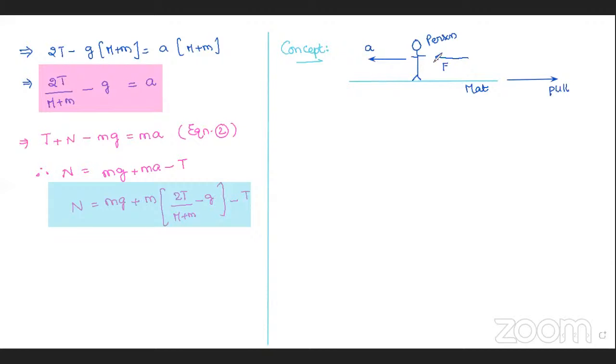Without applying the force, how did he fall back? You just pulled the mat; you did not even touch the toe of this person. The legs are in contact with the mat. Very good, Shrestha. If you pull the mat forward, the contact part moves forward. According to inertia, the upper part can't move forward, so he loses balance and falls back.